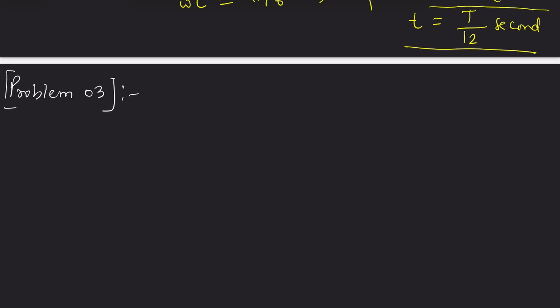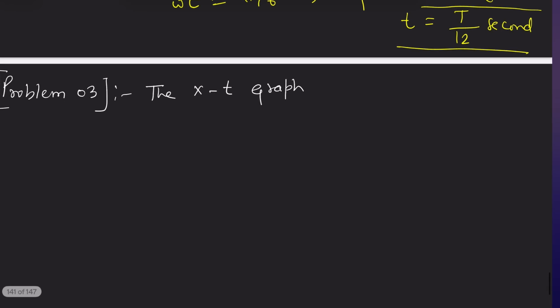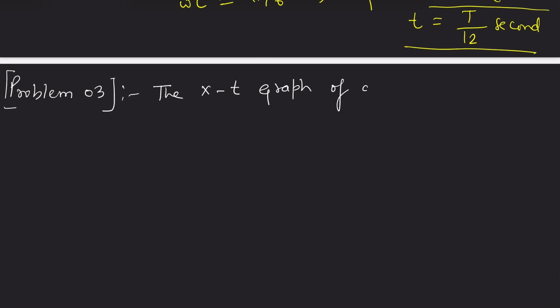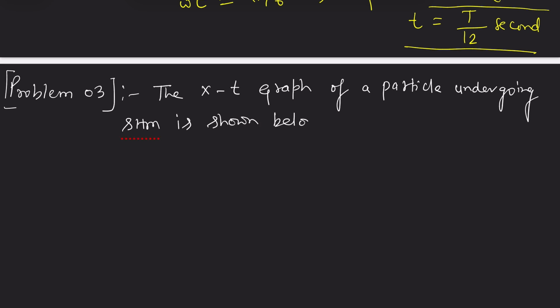So the question says like this: the x-t graph of a particle undergoing SHM is shown below.